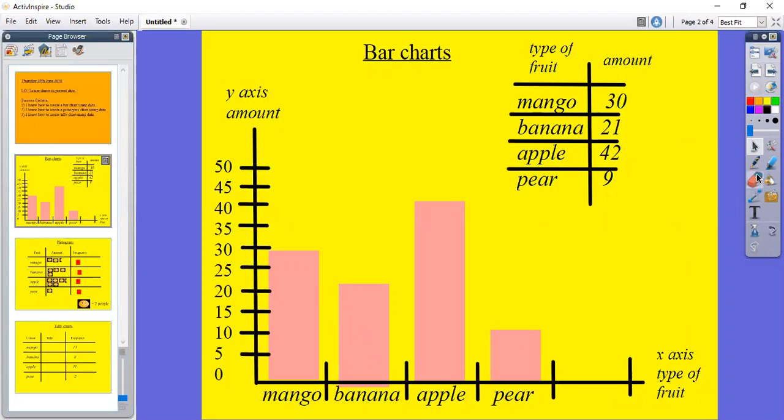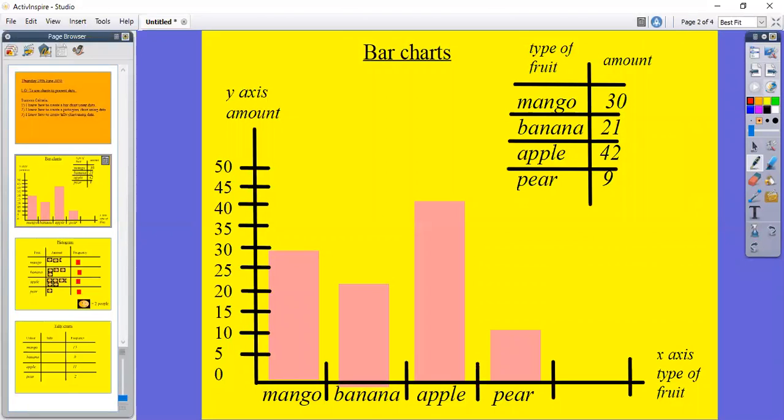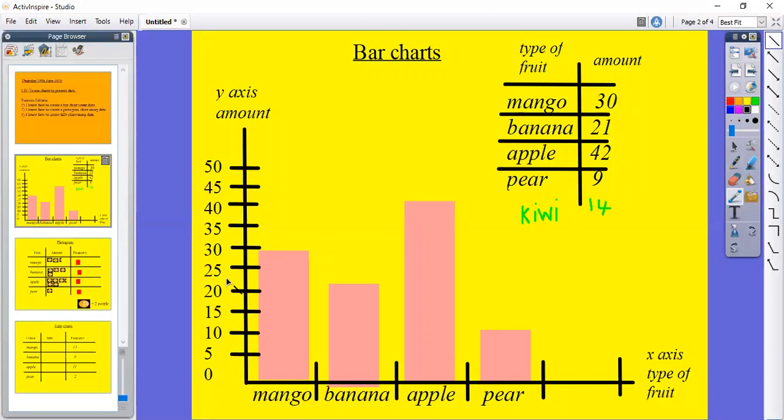You need to make sure when you are creating your bar chart, you are careful that when you draw, it actually goes to the number. So sometimes it might help to use a ruler. So let's say I've added another fruit, kiwi. And kiwi has 14 votes. So it sometimes helps if I get a ruler and I look across at 14, so 14 would be here.